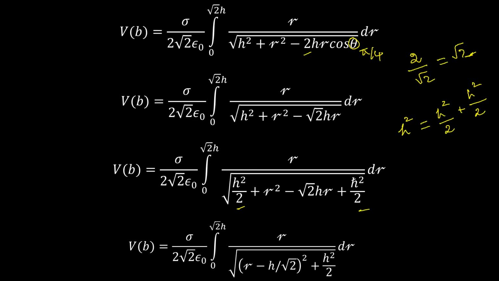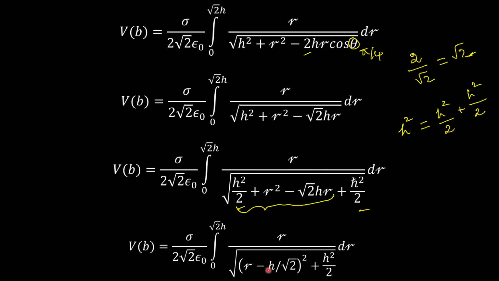If you take these three terms, this is exactly equal to script r minus h divided by square root of 2, whole squared. If you expand this, you get a squared, that is script r squared, plus b squared, that is h squared divided by 2, minus 2ab.